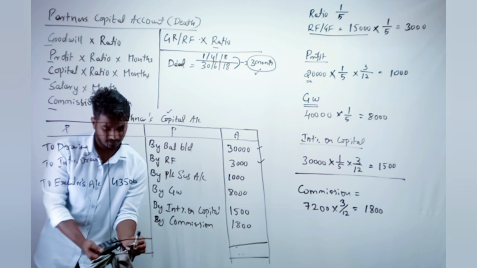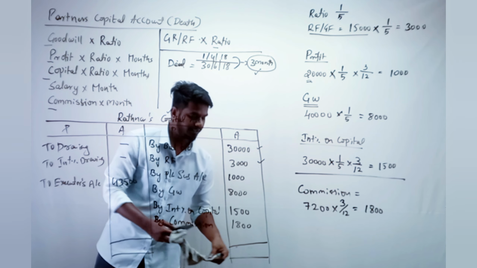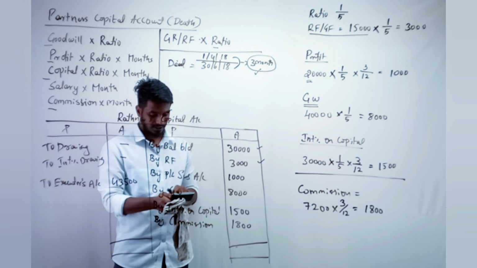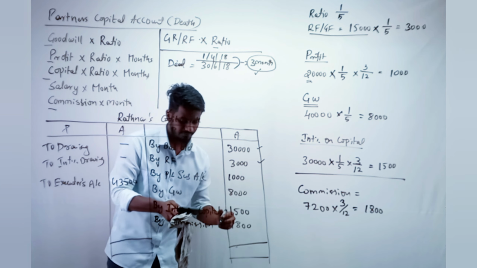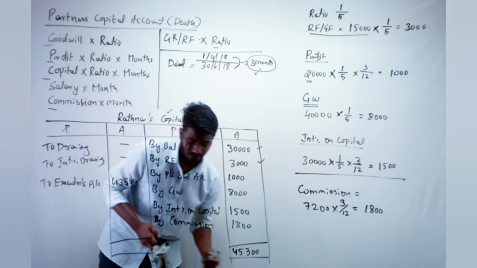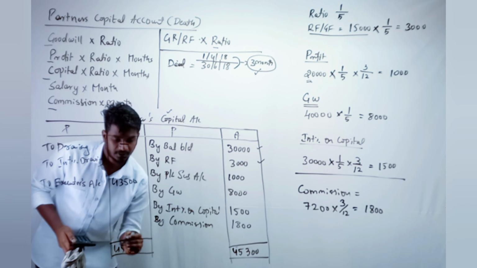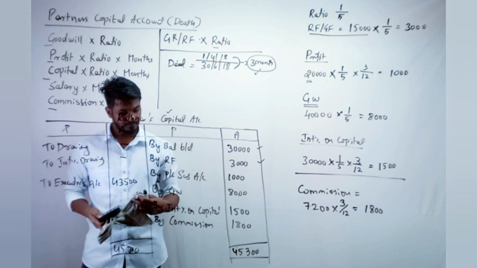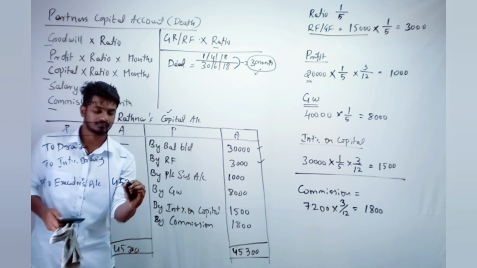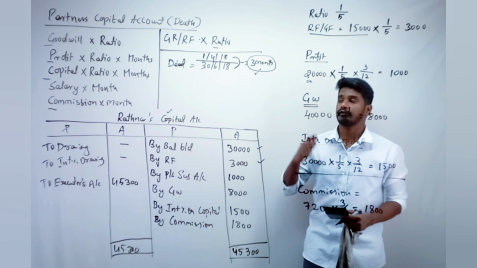This side also, 43,500 it was, and adding 1,800 it will be 45,300. Here also 45,300. Right. So your third question also got finished.